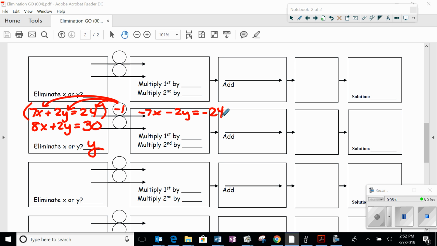So the only thing I did was took the first equation, multiplied it by a -1 to get opposite signs. The second equation, I'm going to leave the same and just bring it over. 8x plus 2y equals 30.